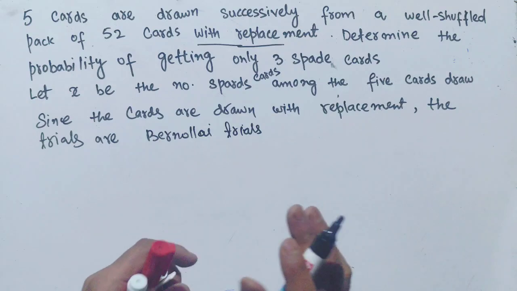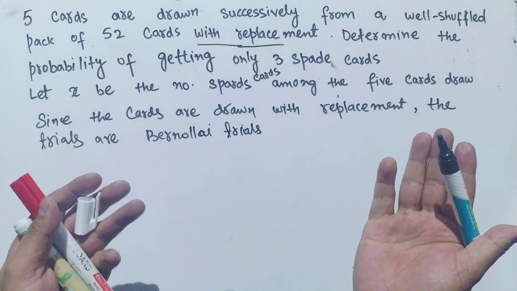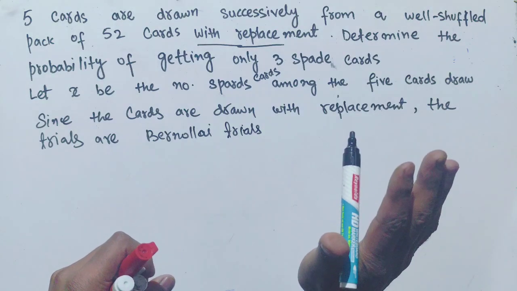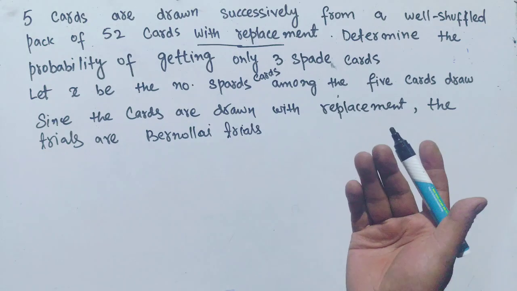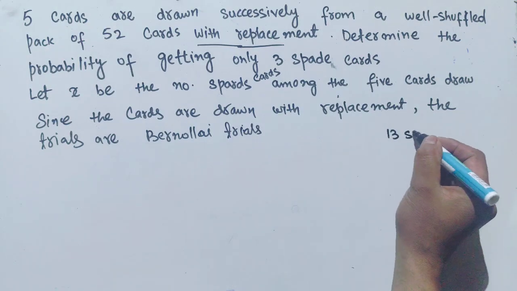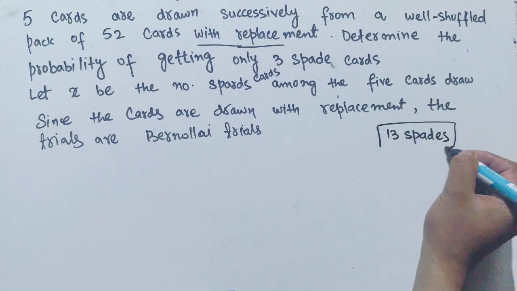Now we know that in a well shuffled pack of 52 cards there are 13 spade cards. So in the total deck of 52 cards, we have 13 spades.